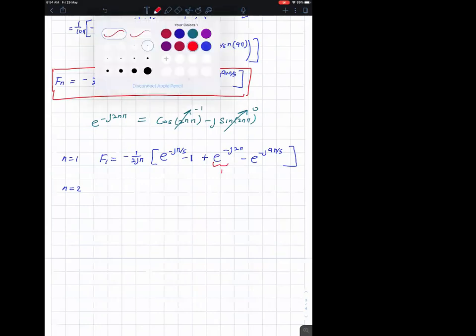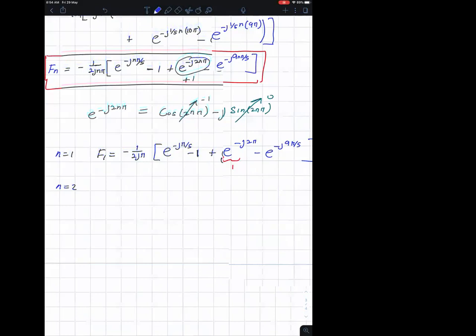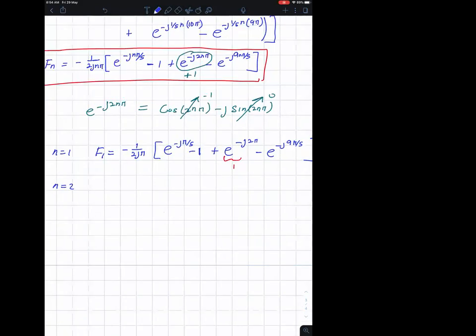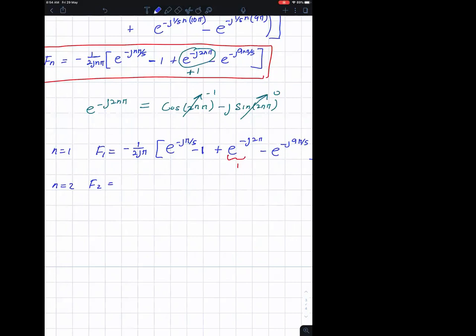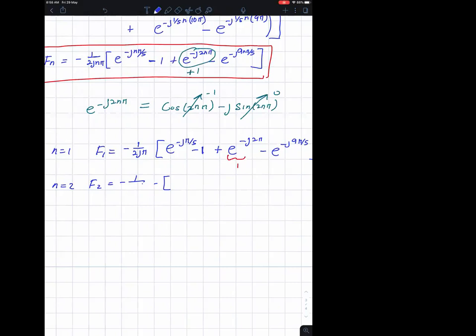Then F2, you're going to have n equals to 2 now. So it's going to be 1 over 2j 2 pi. So wherever there's n, you're going to put 2. Minus j 4 pi.